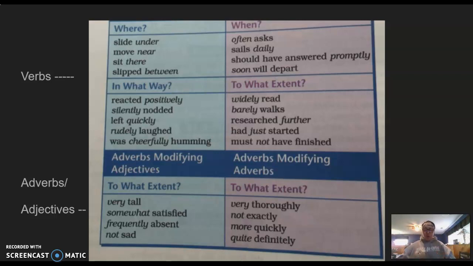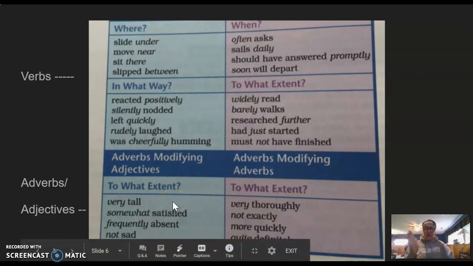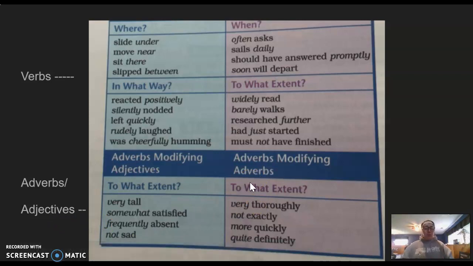Okay, so we know what verbs are. We did that in quarter 3. We know what adjectives are. We just did that last week. Now what we have to look at is when an adjective is being described by an adverb. So, very tall. Tall is a describing word. Somewhat satisfied. Satisfied is a describing word.